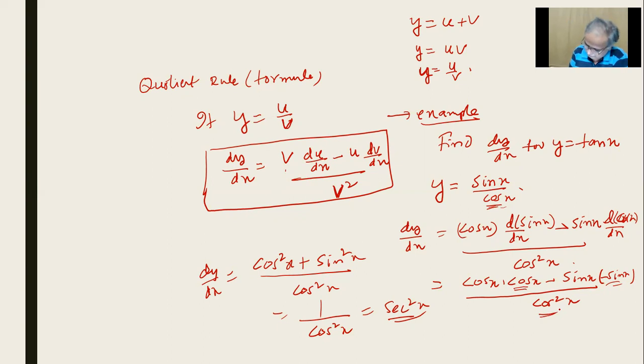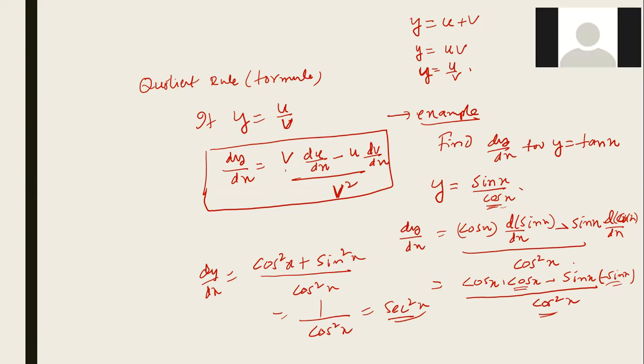Suhita? Tell me. d of y by dx, y is sin x here. d of y means d of sin x by dx is cos x. We proved already, right?